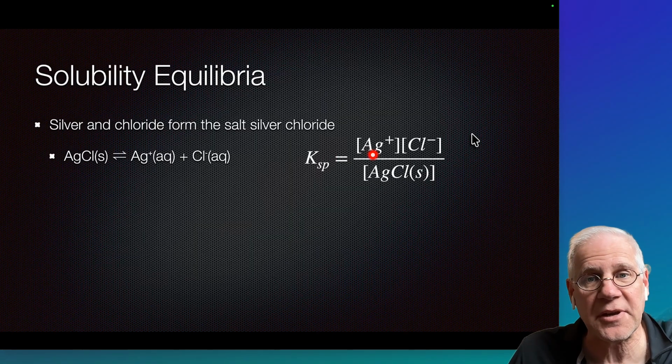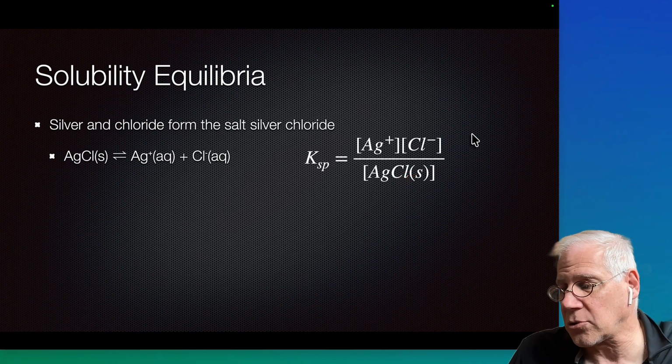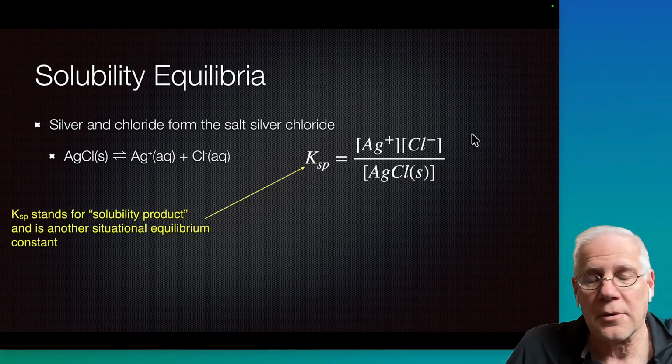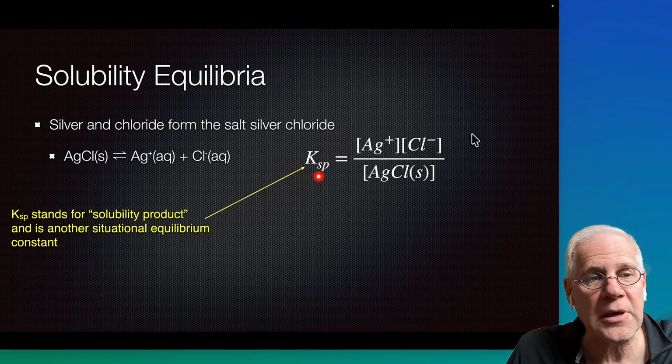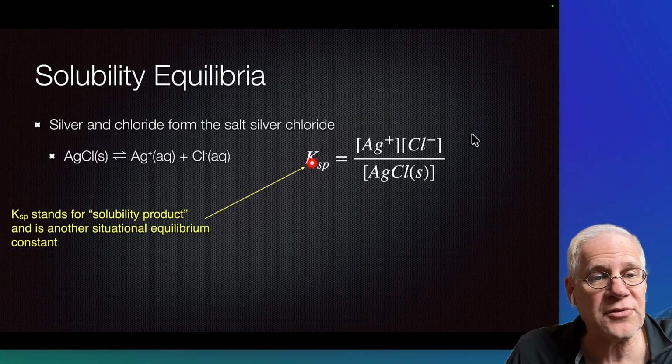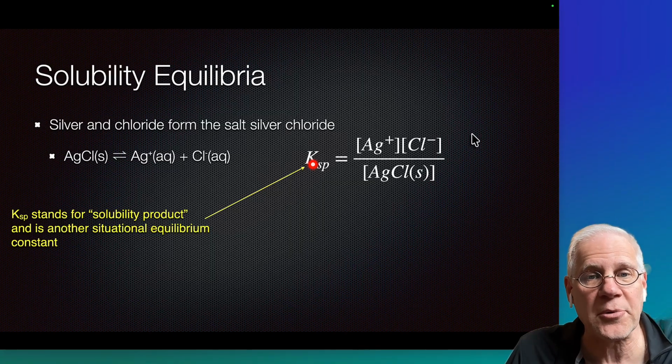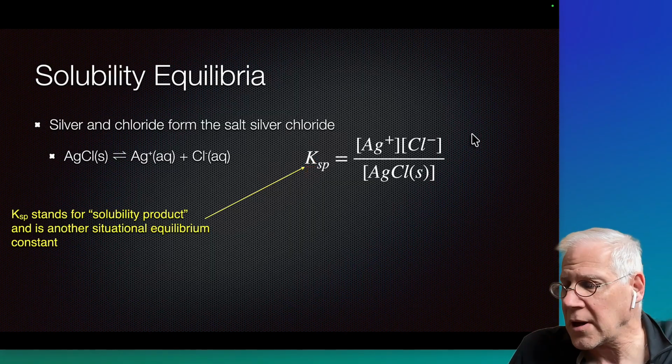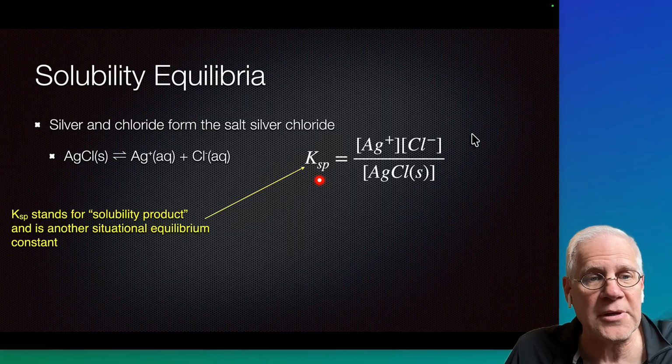So we have concentration of Ag+ times concentration of Cl- in solution divided by concentration of the silver chloride solid. Now, notice that we do have that Sp. It is the large K, so it is still an equilibrium constant. So all the rules we had for equilibrium constants prior all still hold. The Sp is just a label. It tells us it's a solubility product, and it just gives us a very specific condition under which this equilibrium constant is used.